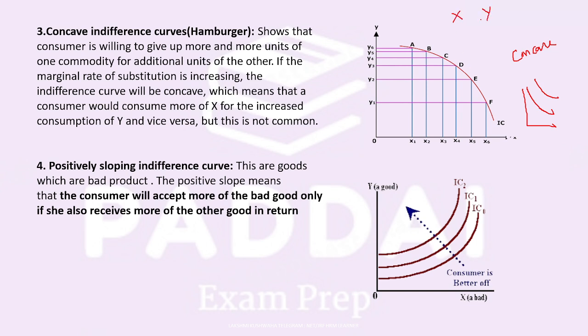X keeps on replacing Y. More and more units of one commodity replace the other commodity, and if the marginal rate of substitution is increasing too much, it means utility is not constant.